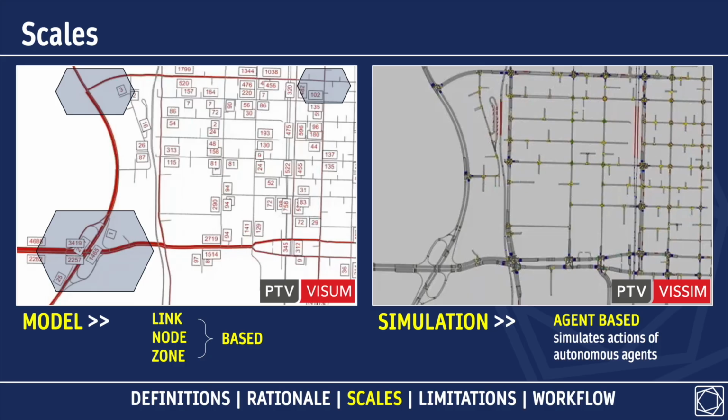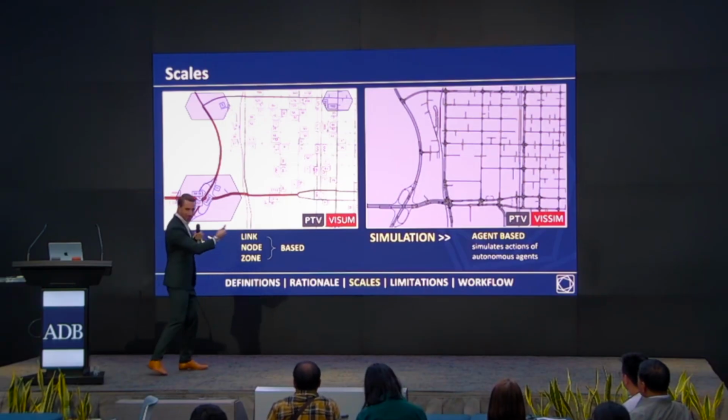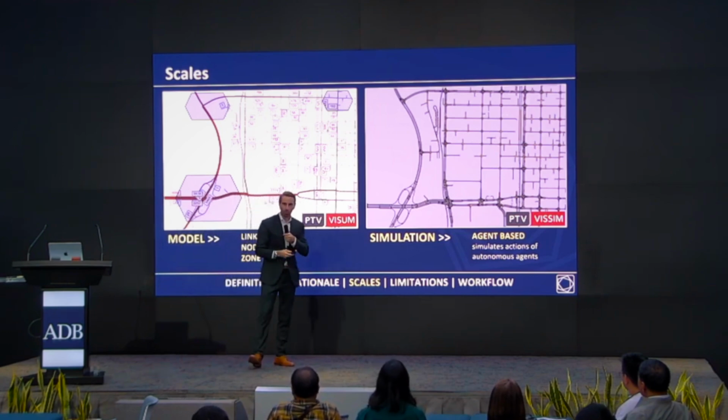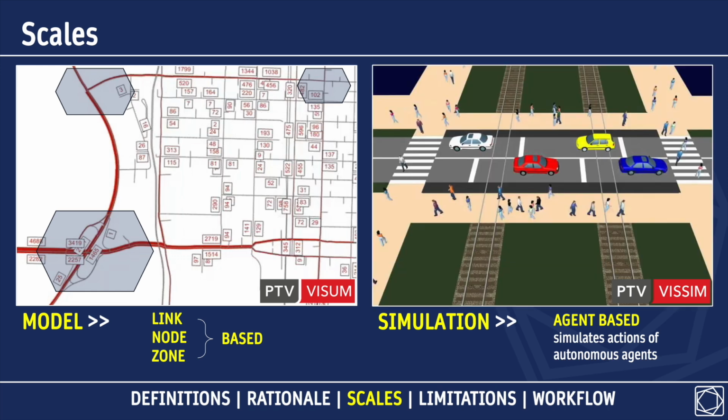And all your data is stored around links, nodes, and zones. And I'll make that a little more clear in the next few slides. While on the other end, you have simulations, which is agent-based. Basically, you have autonomous agents moving through a network like this. So the car is an agent, the person walking is an agent.